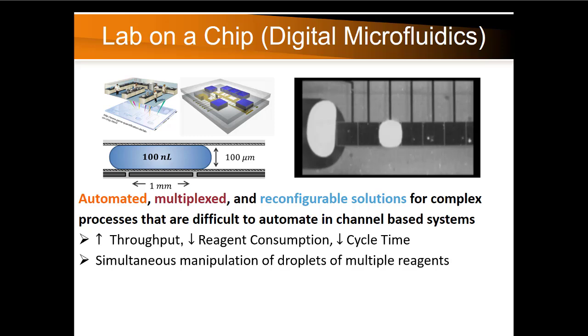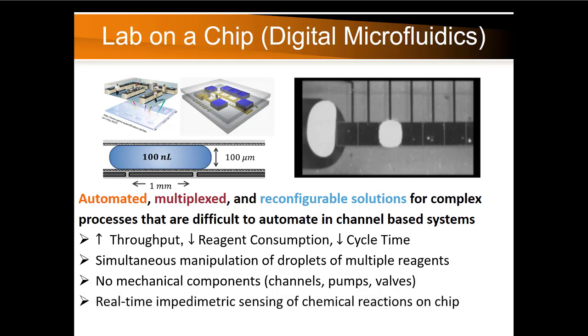But if you think about those old telephone operators with the big jacks, plugging them in one after another, we basically have a matrix switching capability like that, where we're sending different electrical signals to these different electrodes to move droplets around. We can move lots of different droplets at the same time. There are no mechanical components in here. Channels, pumps, and valves, you don't need those for this type of device.